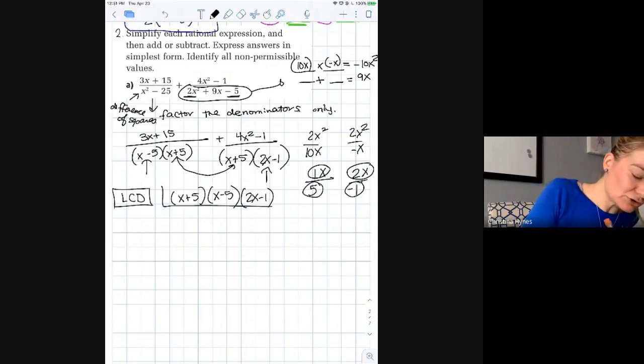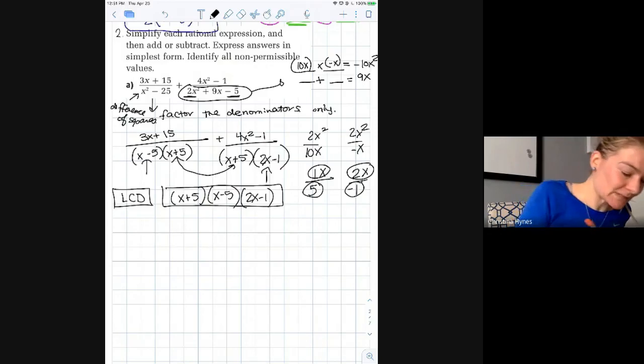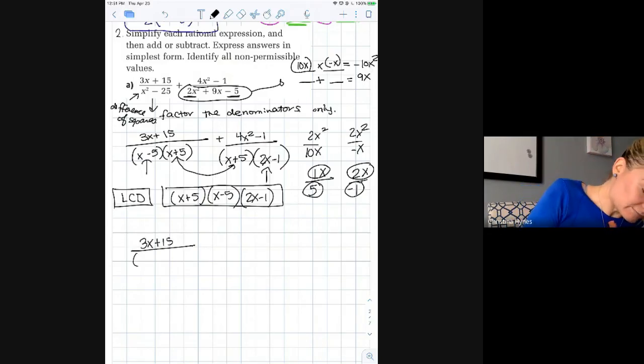So once you know your lowest common denominator, that's what you need to do to the top and bottom to get them to look like that. You need the denominator to look like x plus 5, x minus 5, and 2x minus 1. So let's start with the first fraction.